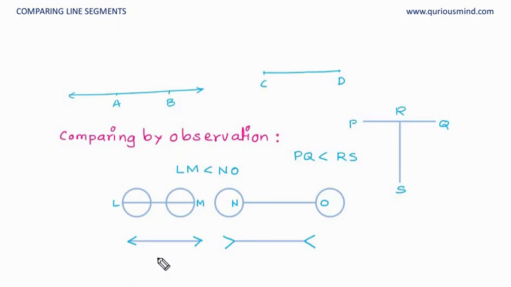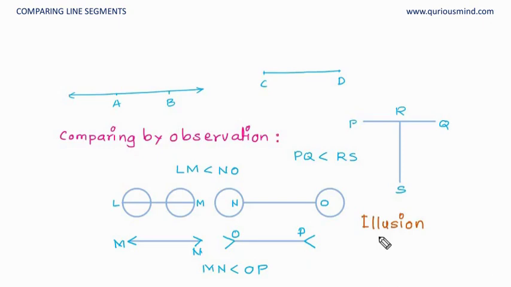Let's call this MN and OP. It looks like MN is smaller than OP. But now we know for sure that they are equal. And thus we know that comparing by observation is not a good method to compare line segments. The major error is introduced due to illusion.